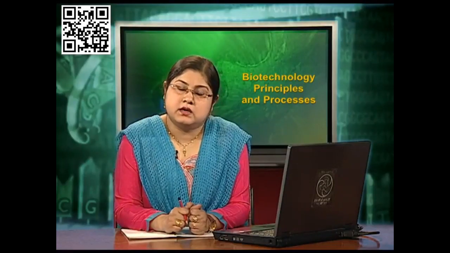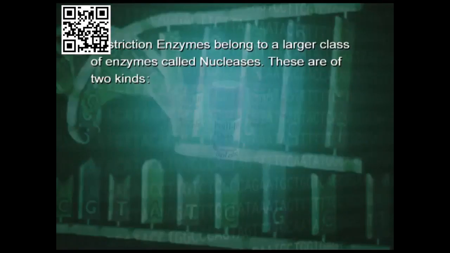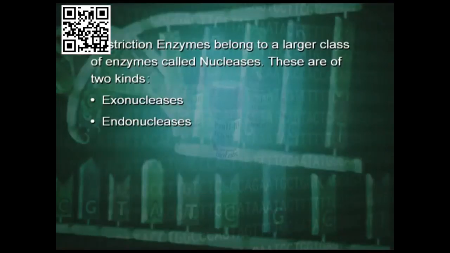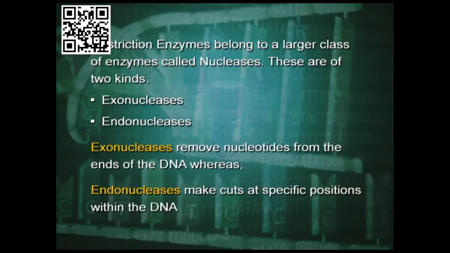Restriction enzymes belong to a large class of enzymes called nucleases. These are of two kinds. The first is exonucleases and the second one is endonucleases. Exonucleases remove nucleotides from the end of the DNA, whereas endonucleases make cuts at specific positions within the DNA.